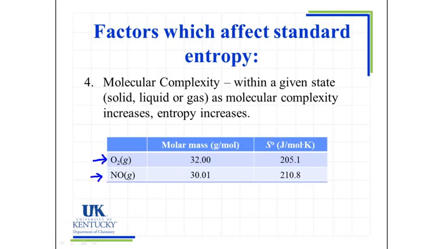The O2 is slightly higher, so according to molar mass you would expect, well, maybe it would have a little bit more entropy. The NO has more disorder, has a higher entropy because it is a compound versus the O2, which has less complexity because it is an element.